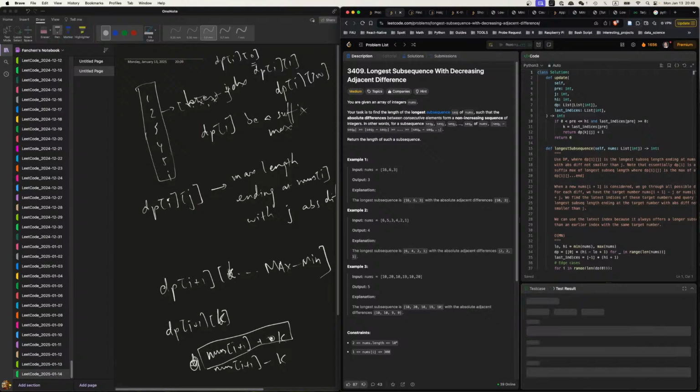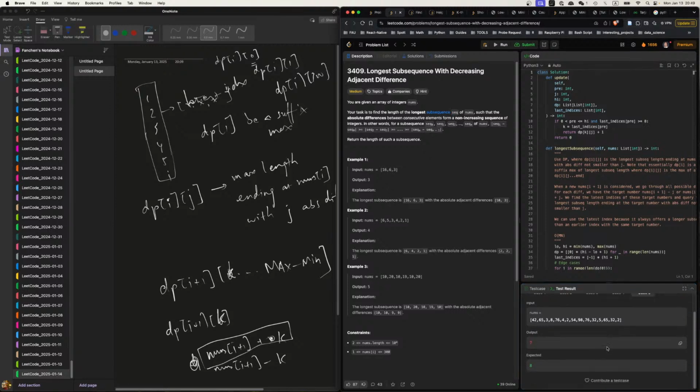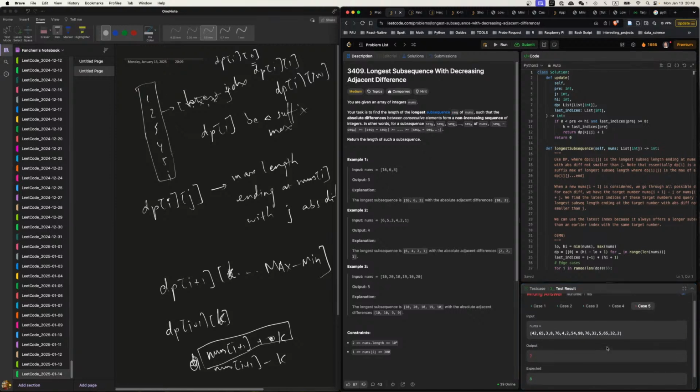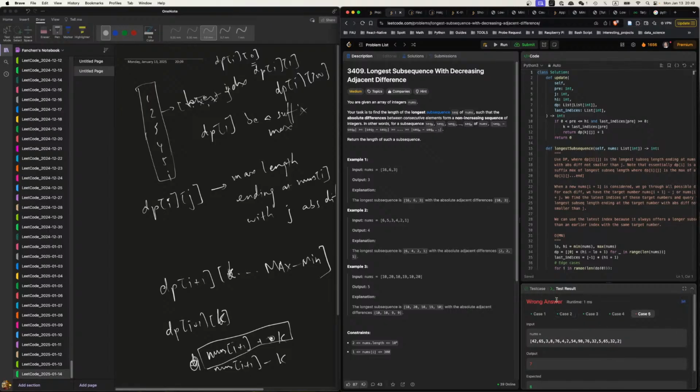Okay, putting some pretty random stuff and then see if it works. Oh shoot, it does not work. Oh god. Oh lord, it does not work.